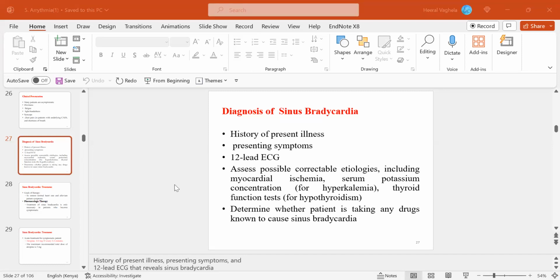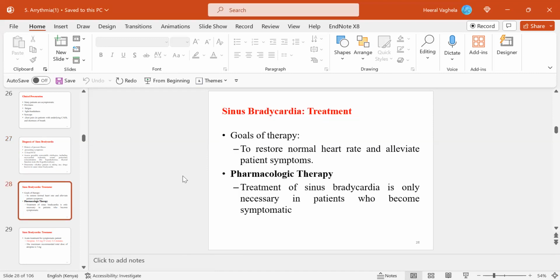Only one treatment? Okay, fine. So, treatment now would be to increase the heart rate.